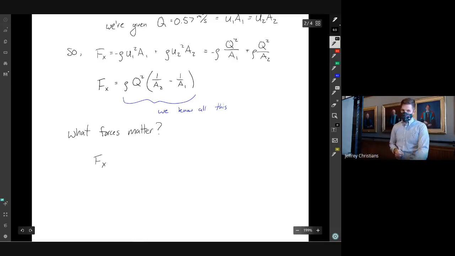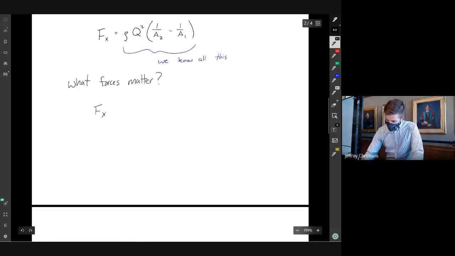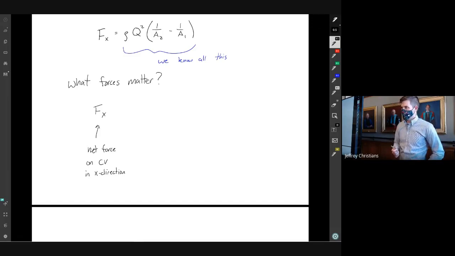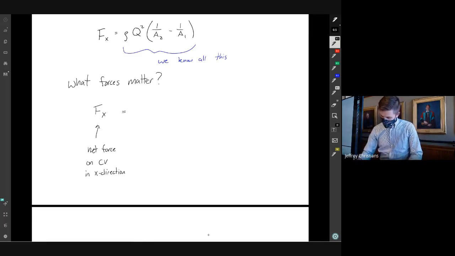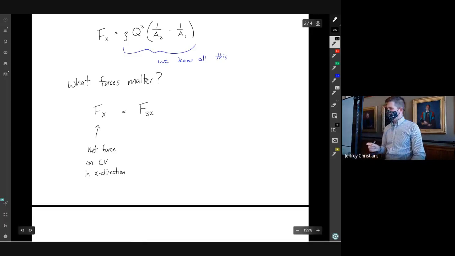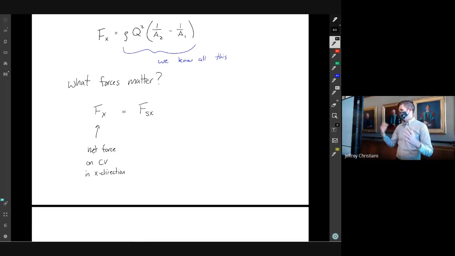So Fx is the net force on the CV, the net force that's leading to this acceleration, but it's made up of multiple pieces. We kind of briefly said this the other day, but just to reiterate, because this is a part that is going to get tricky and confusing.